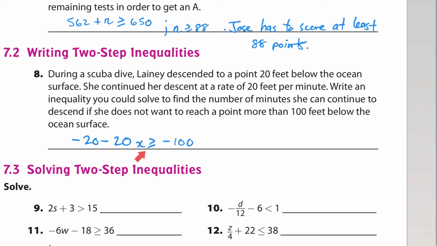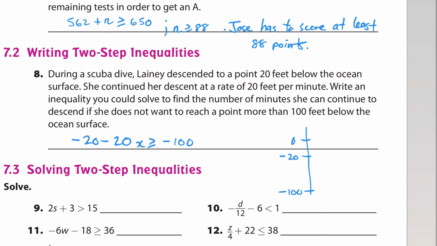But this has to be greater than negative 100, because if you think about it, 0 is the surface of the ocean, and she starts at negative 20, and she needs to go no further than 100. All of this stuff here is greater than negative 100. But it could be equal, because she's willing to go to exactly 100 feet below the surface.